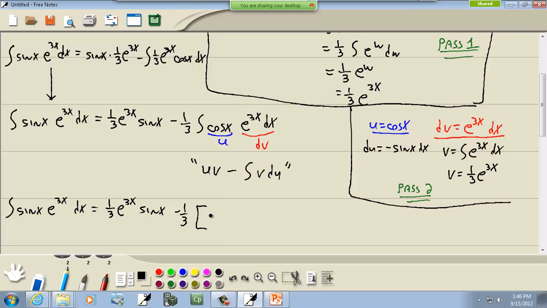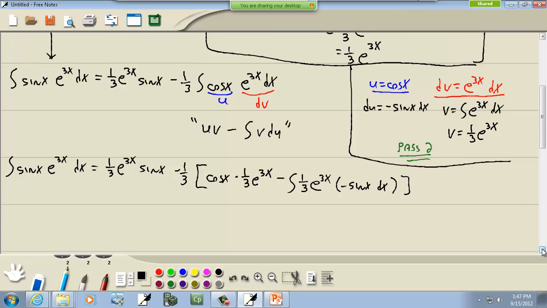We got u, which is cosine x, times v, which is 1/3 e to the 3x, minus the integral of v, which is 1/3 e to the 3x, times du, which was negative sine x dx.